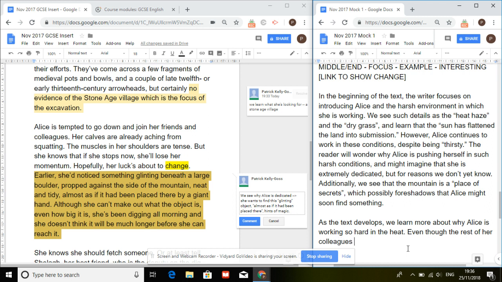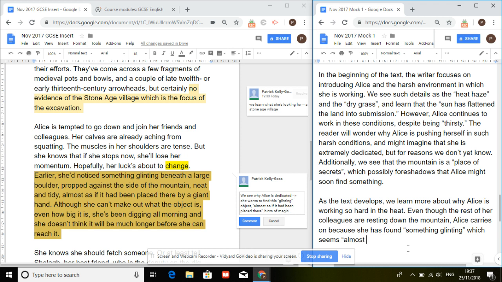Even though the rest of her colleagues are resting down the mountain, Alice carries on because she has found something glinting. It seems almost as if it had been placed there by a giant hand.